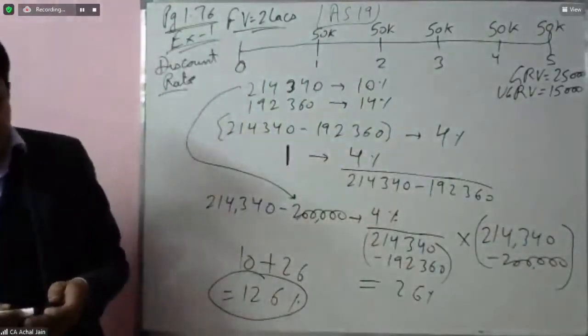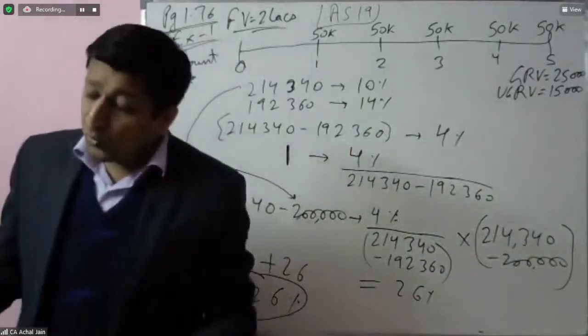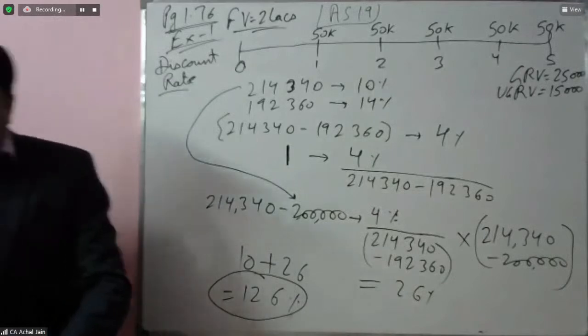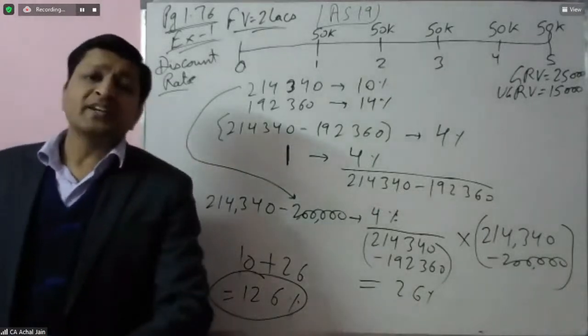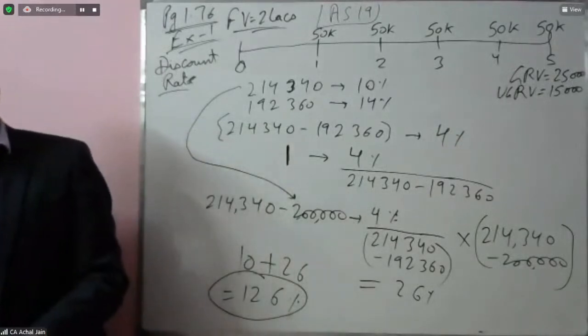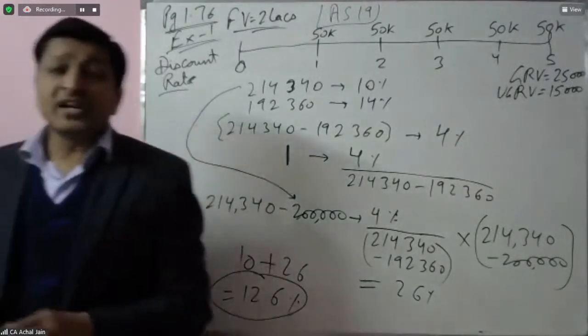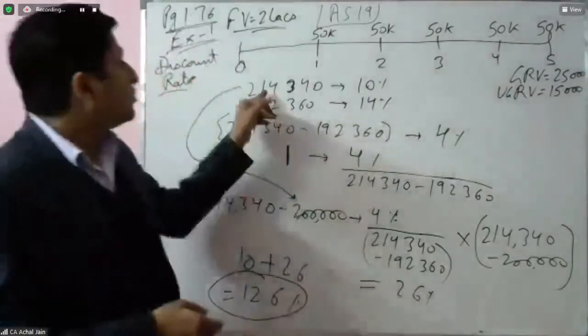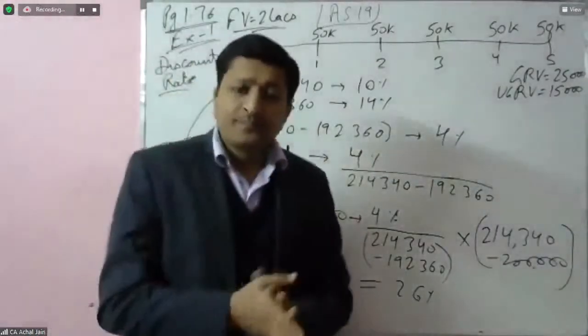Okay, Khushi is asking, sir, why did we add 2.6% to 10%? It's very simple, Khushi, because 10% is the base rate. Using 10%, our present value came out to 2,14,000.